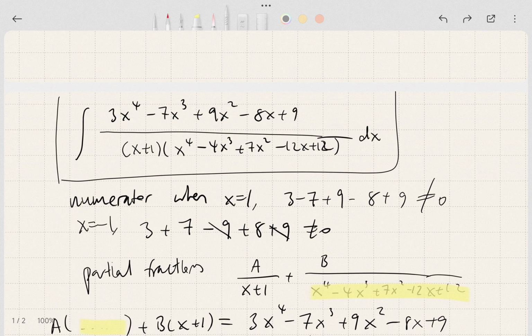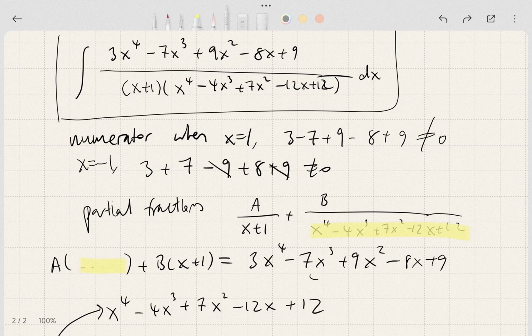Okay, so we've got this equation here. How are we able to solve it? That's the question. It's not factorizable. So, is there even a way to solve this partial fraction?